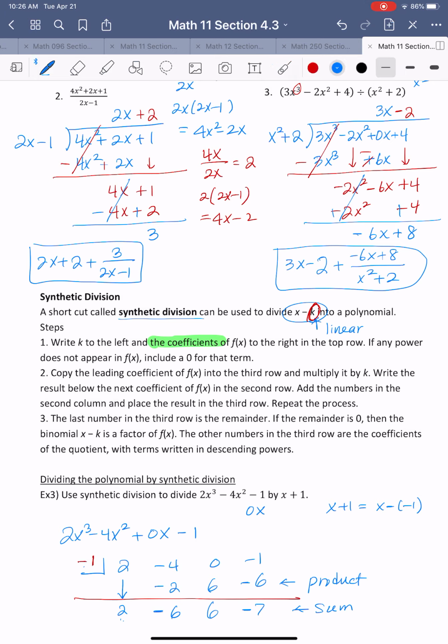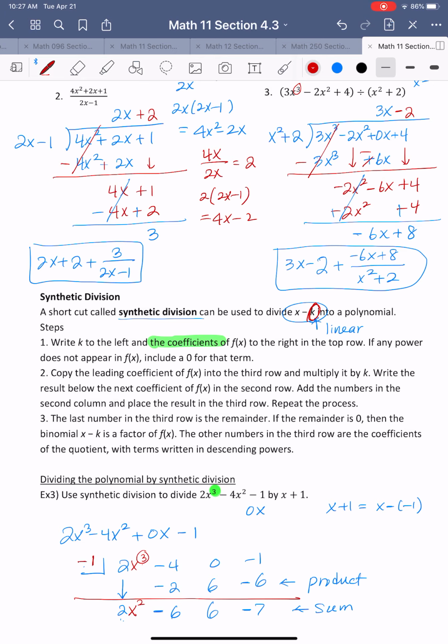And then you're done. Also, when you use synthetic division, you're always dividing by a linear factor. So the quotient is always 1 degree less than the problem. The degree was 3, right? Because this was x cubed, so the quotient is 1 less than 3, which is 2.